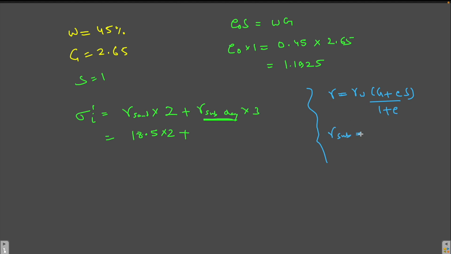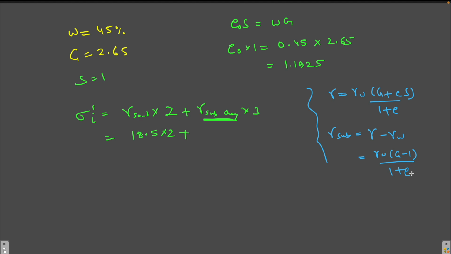If you remember, it's well and good. If you don't remember, you just subtract: gamma submerged is equals to gamma minus gamma W, you will get the answer. But you have to remember this: gamma W into (G minus 1) by (1 plus e). This is one of the basic equations in soil mechanics. It is very important.